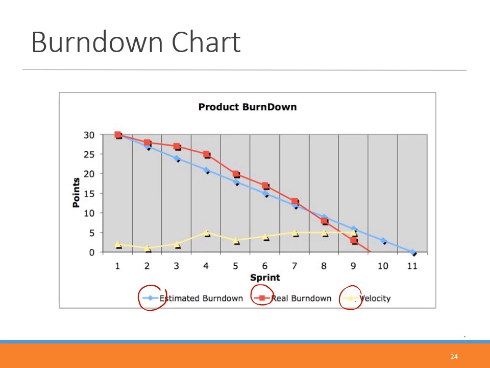You can see many things from here. At the very beginning, the velocity is pretty low. Later on it improves a little bit, then drops a little bit, but later on it remains very stable. Once it is very stable, it's possible that you can achieve the work on time or even beyond, if the whole team is very efficient and effective.